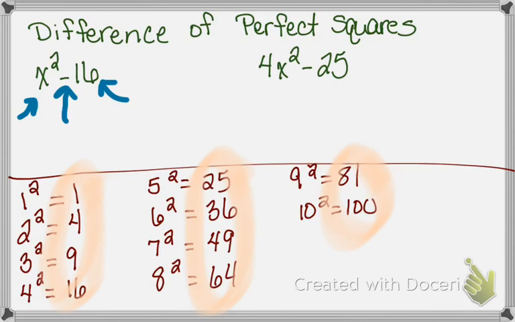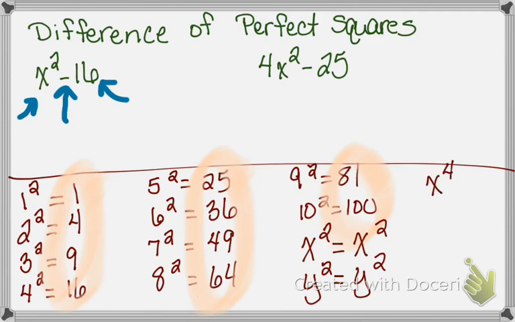Now, x squared is x times x. Okay, y squared is a perfect square. Now, what if I had x to the 4th? Is that a perfect square? It is a perfect square because it's x squared times x squared.